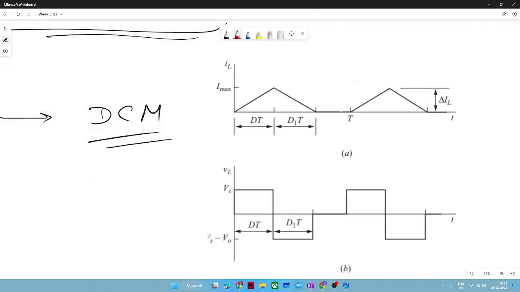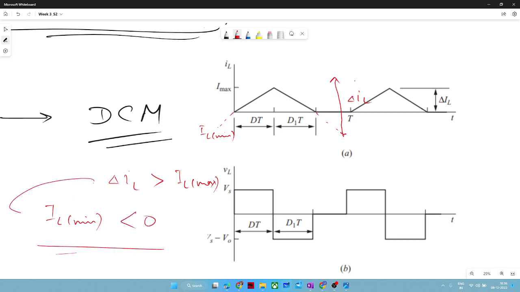So what I was trying to convey, if your IL minimum is coming somewhere here, below zero, now you tell me, your del IL value will be higher than your IL max or not? Yes, sir, obviously. So either you equate del IL is greater than IL max, or indirectly you are telling that the minimum value of your inductor current is less than zero.